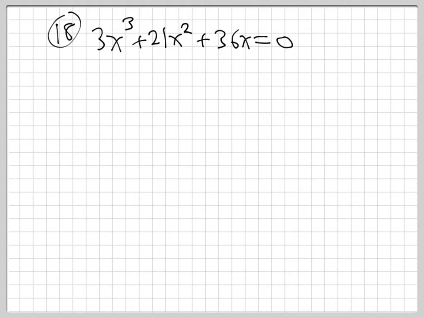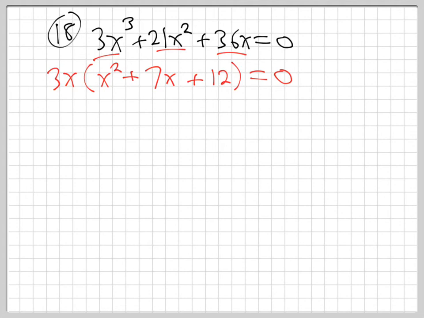Okay, so what do you do when you have some high power thing like this? You've got to factor, right? What goes into all those? 3 and x. That leaves x squared plus 7x plus 12. Remember, that's the first step in factoring.